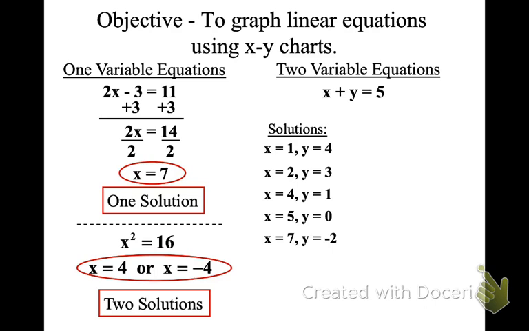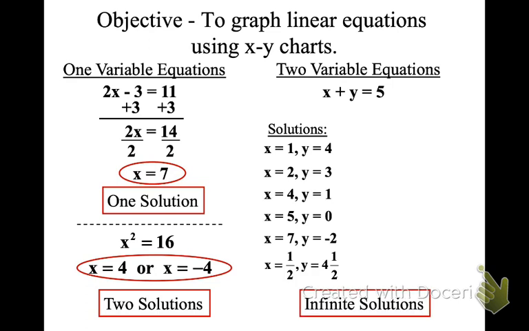Okay, what about when x is a half? Plus 4 half. Right? So how many solutions do we have? An infinite number. Infinite. So this is actually, they're going to give you an equation tonight. This is for tonight's homework. And they're going to say, give me 3 solutions. So when you have this 1, 4, this really represents an ordered pair.